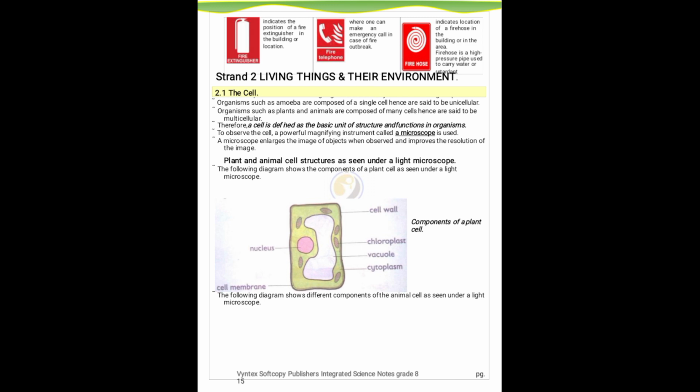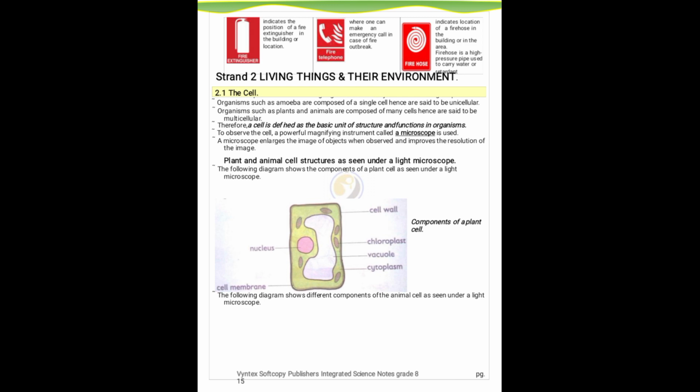Organisms like me, you, plants, cows, birds, and all those are composed of many cells, and therefore we call them multicellular. And that is why we say that each organism, no matter how small, both plants and animals, is made up of these cells.